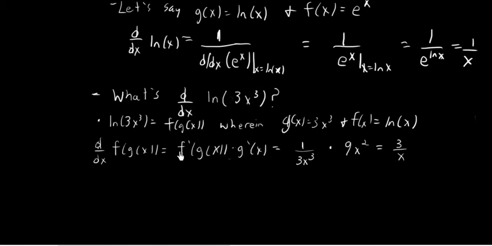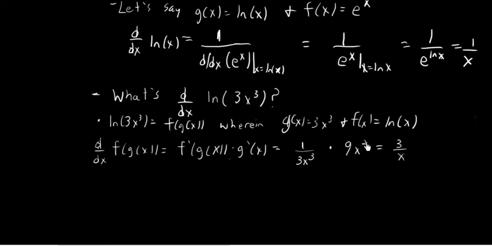F prime of g of x is really the derivative of ln of x, but evaluated at g of x. So instead of 1 over x, we'll have 1 over 3x cubed. We'll multiply that by the derivative of this interior function, the derivative of 3x cubed, which is 9x squared.